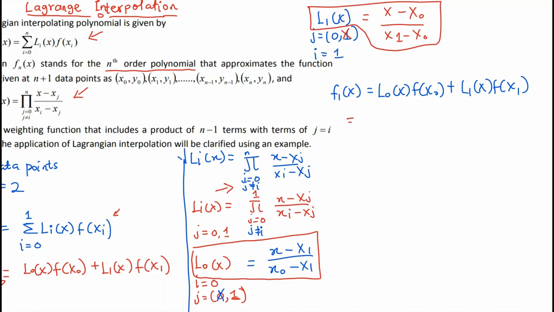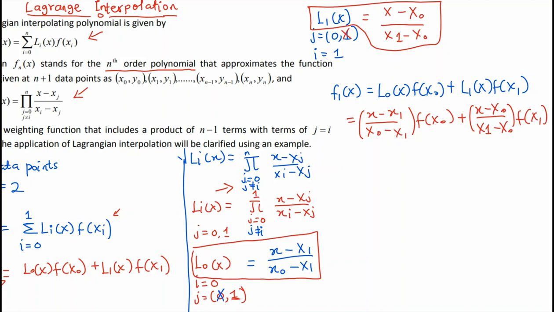We know what L naught of x is, right? That's x minus x1 over x naught minus x1, multiplying f of x naught, plus L1 of x, which is now x minus x naught over x1 minus x naught, multiplying f of x1. So this will be the first order polynomial that you are going to use.